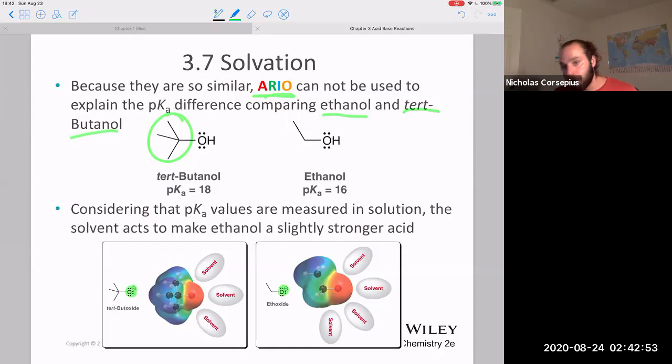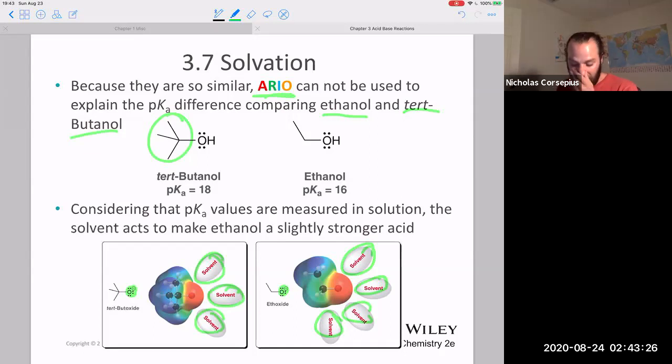One of them is going to be stabilized by the fact that the solvent can surround it completely, and that's ethanol, or ethanol's conjugate base, which is the ethoxide ion. You can see by this simple picture that because the ethoxide ion is less bulky, the solvent molecules are able to surround it even better, stabilizing that charge. Whereas with tert-butoxide, the solvent molecules can't quite surround it as well because it's got that big bulky group.